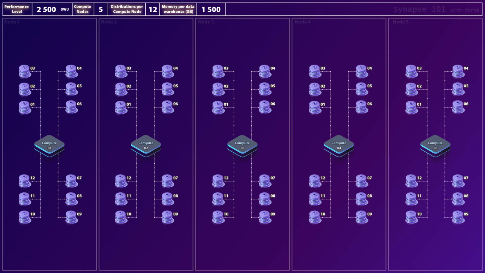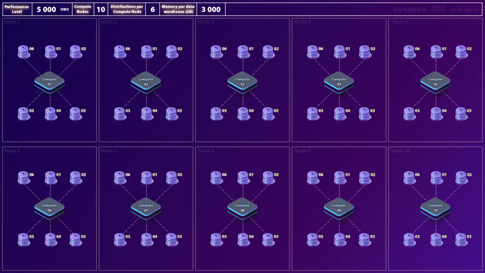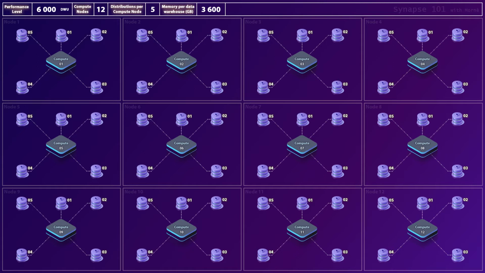A 2500 DWU system has 5 nodes and each node will host 12 distributions. A 3000 DWU system has 6 nodes and each node will host 10 distributions. A 5000 DWU system has 10 nodes and each node will host 6 distributions. A 6000 DWU system has 12 nodes and each node will host 5 distributions.